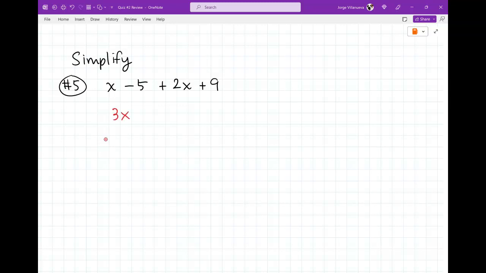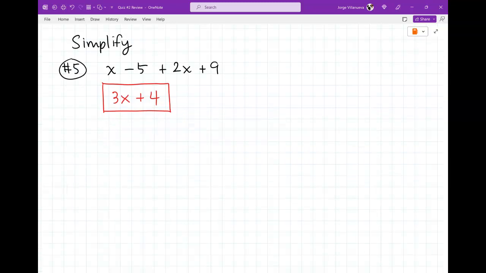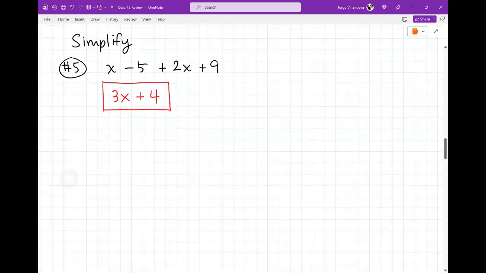And then negative 5 plus 9, that's going to give me a positive 4. I cannot put this together, okay? One is a term with a variable. One doesn't have variables, so you're basically done. So that's it. Again, this is why 20 questions isn't terrible. They're not too hard to do.